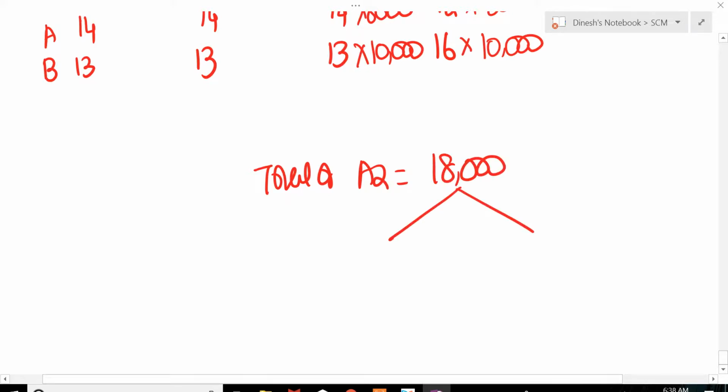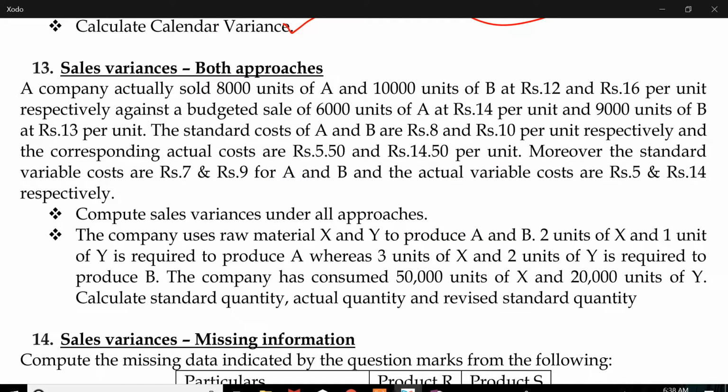Now there would have been a budget given. What was the budgeted quantity they wanted to sell? 6,000 and 9,000.